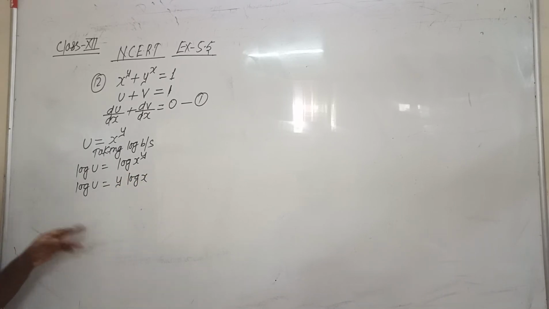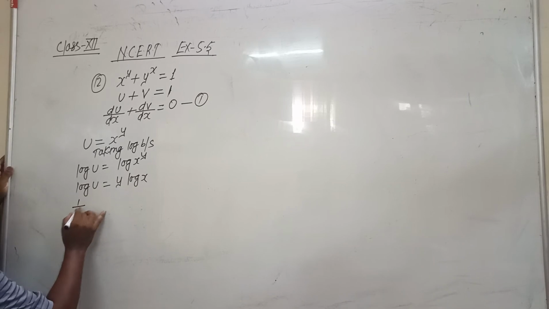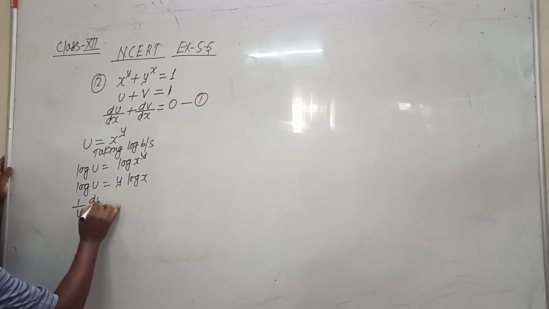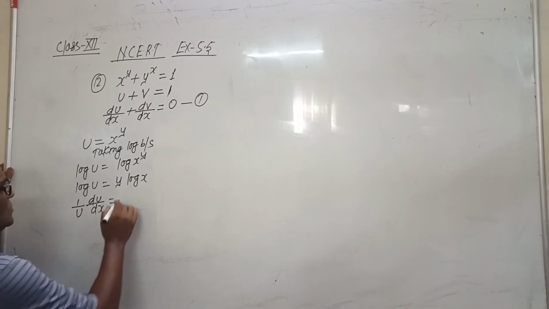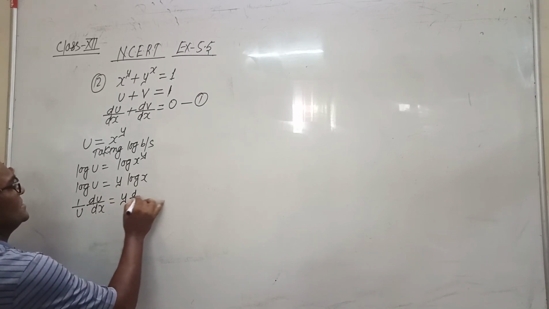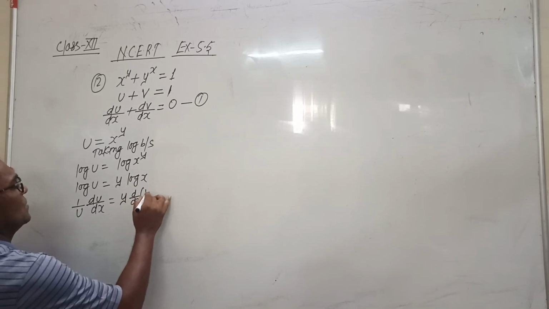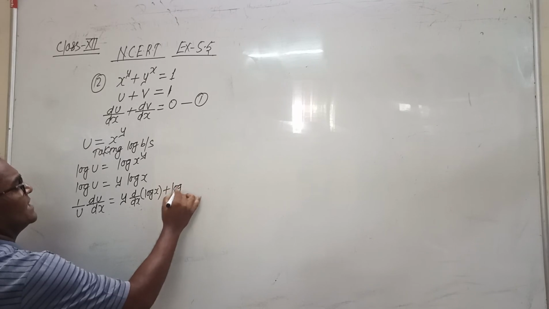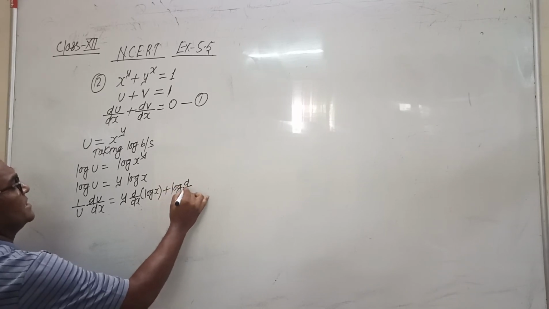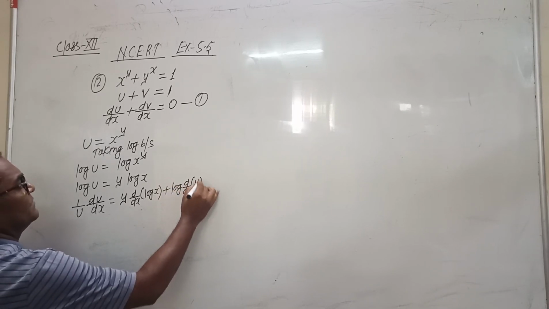So differentiation of log u is 1 by u, and differentiation of u is du by dx. This will get differentiated on the formula u into v. So y as it is, and d by dx of log x, plus log x as it is, and d by dx of y.